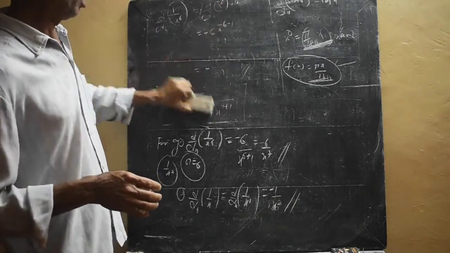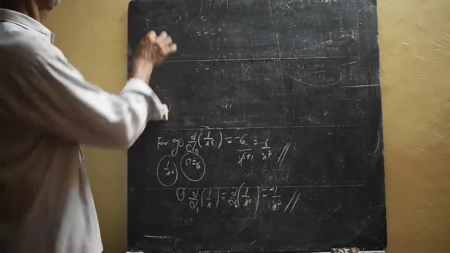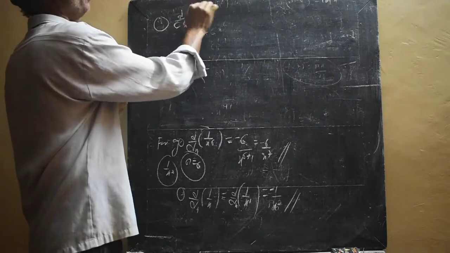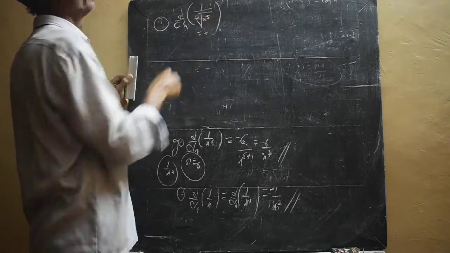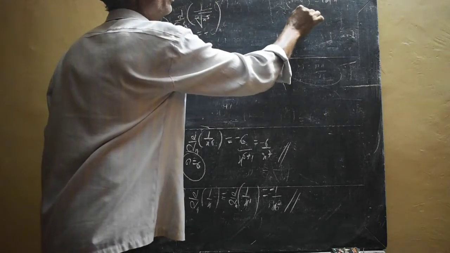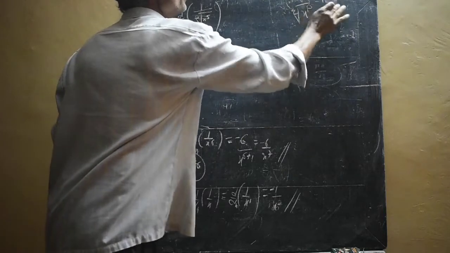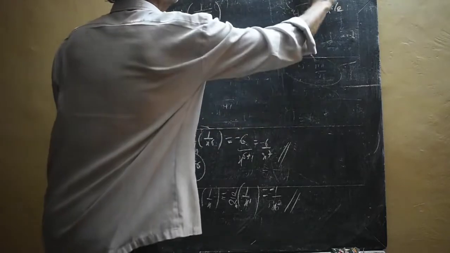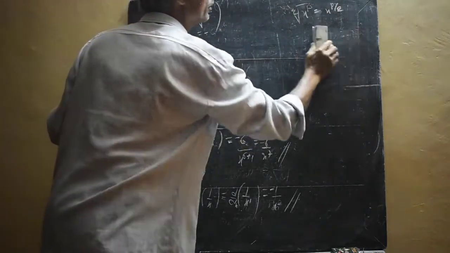Now, parallel to 1 upon x raised to n, tell me one more problem. d by dx of 1 upon cube root of x raised to 5. I told you that day only that the cube root of x raised to p is equal to x raised to p by q.